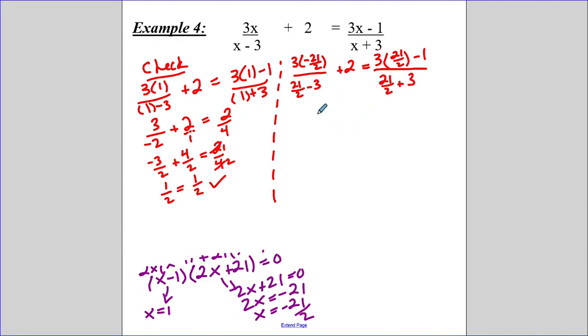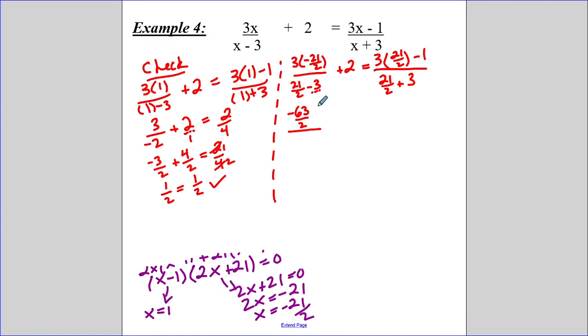There's a lot going on here. So 3 times minus 21 is minus 63. Minus 63 over 2, over top of 21 over 2 minus 3.